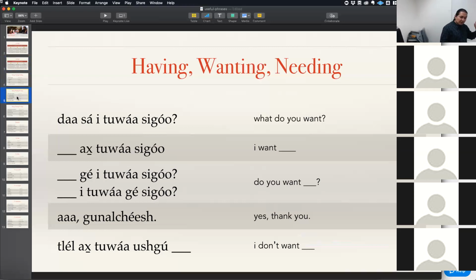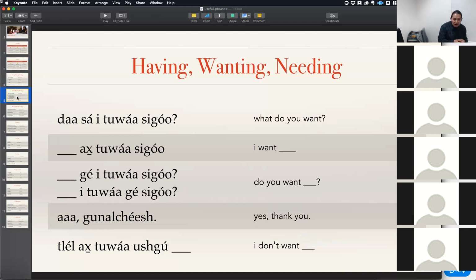So if you're saying kesh ach tuwa sigu, okay, let's just push it one step further. Kesh ach tuwa ushku. I don't want it. That verb should go negative, right? And we see that sigu and ushku, it's actually a different verb, right? To say, I don't want that. You'll learn later how to tie these into other things.